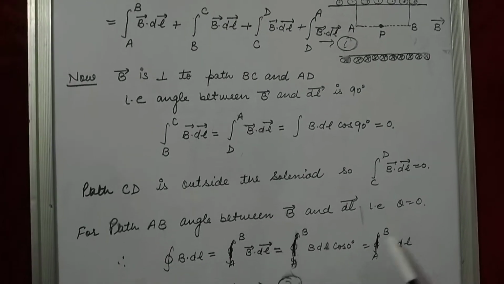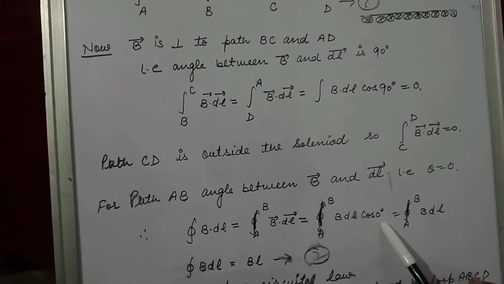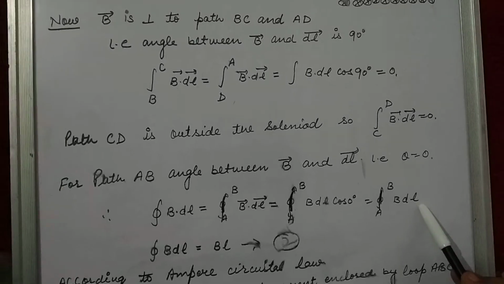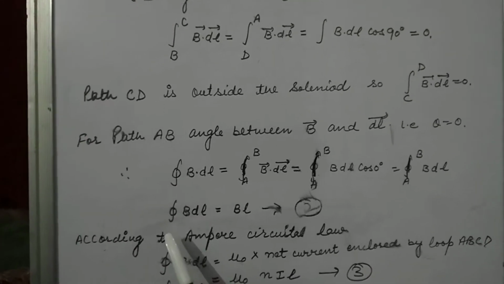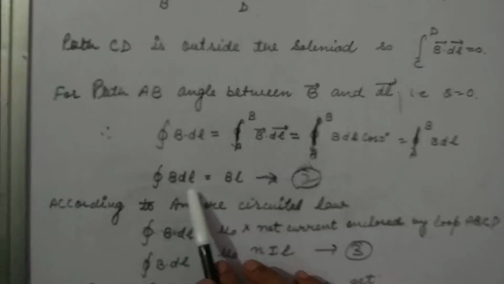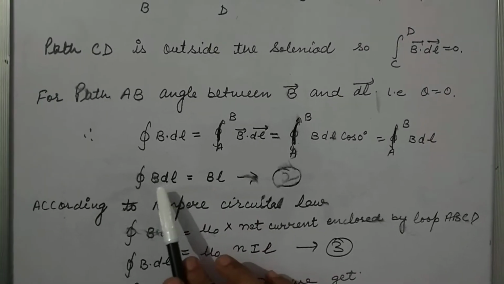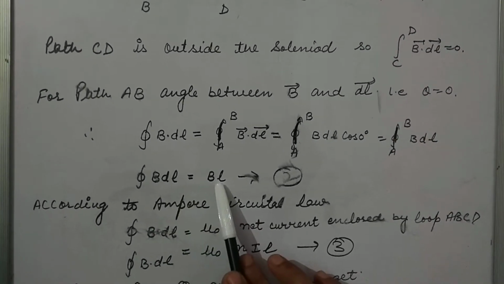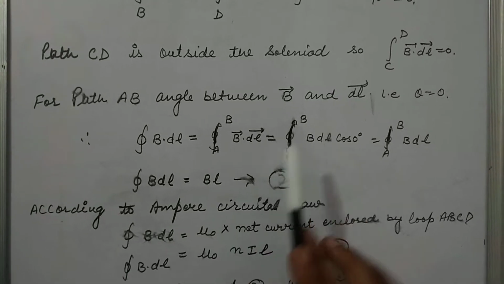So cos 0 is equal to 1. Therefore the integral of B dl is equal to B into L, because the integration of dl is L, the length of the solenoid.